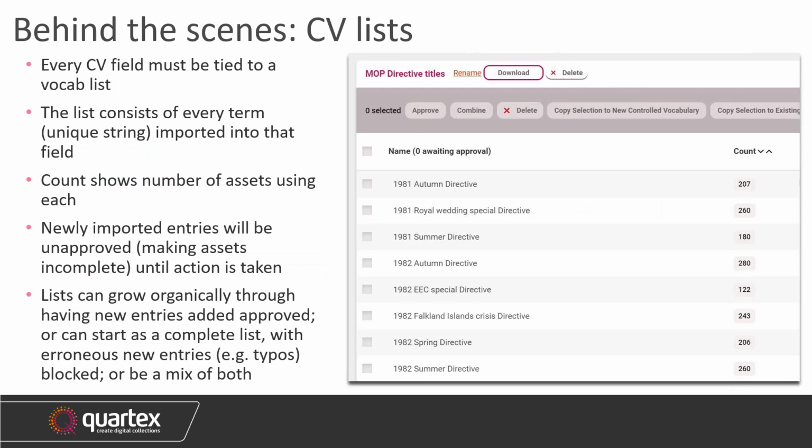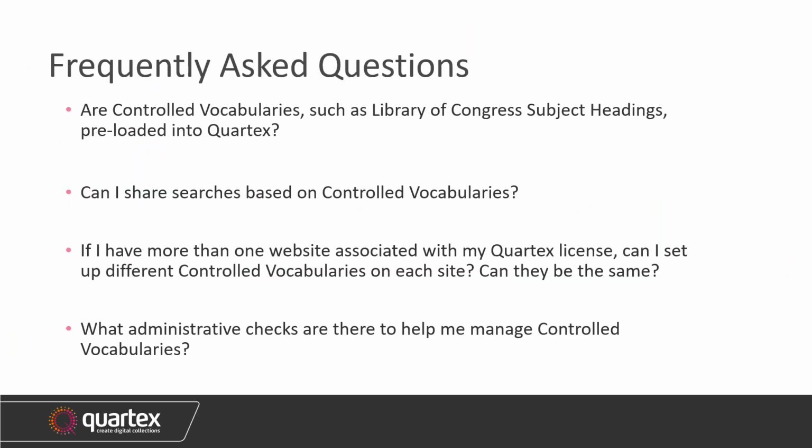I am scrolling through to some slides we put together before we open it up for the general question and answer session. As we are giving demos of the Cortex platform, we often get questions about controlled vocabularies, so we thought we would cover some of those here. One question we often receive is whether controlled vocabularies such as Library of Congress Subject Headings are preloaded into Cortex.